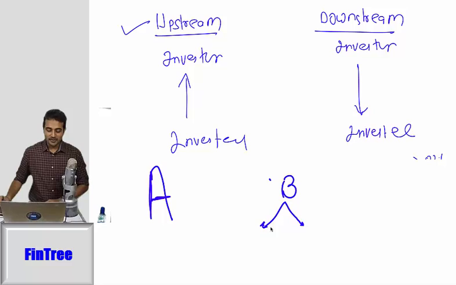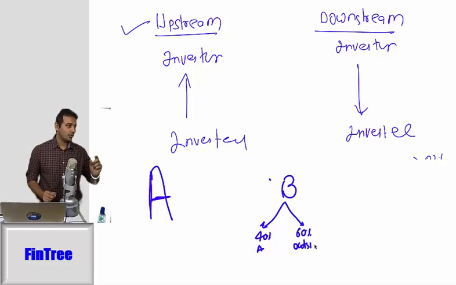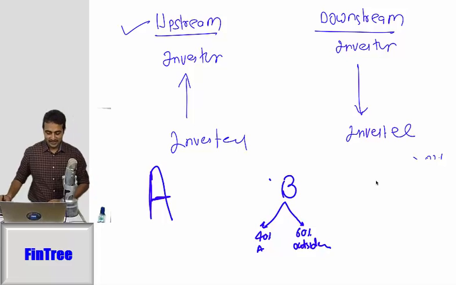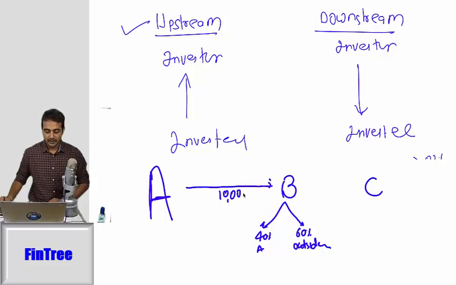B is made of 40% A, 60% outsiders. B ka shareholding, 40% A, 60% outsiders. And this is C. A sold to B goods worth 10,000. मतलब profit जो भी 100 computers बेच के profit of 10,000.